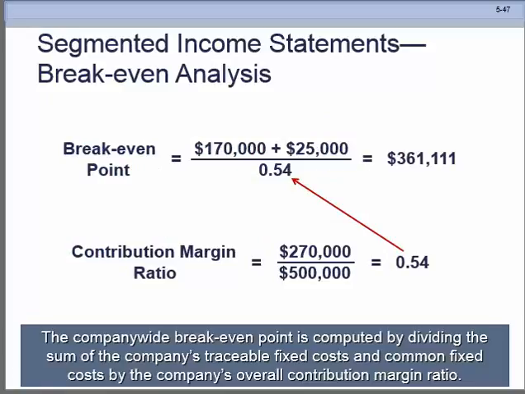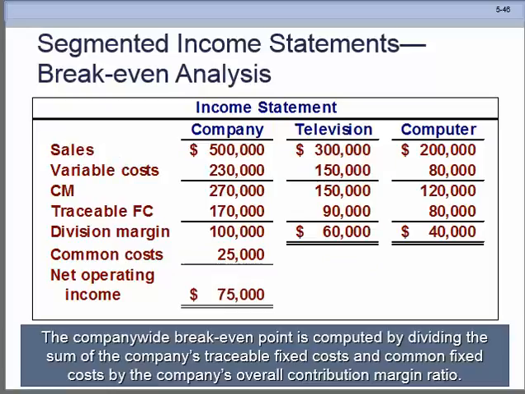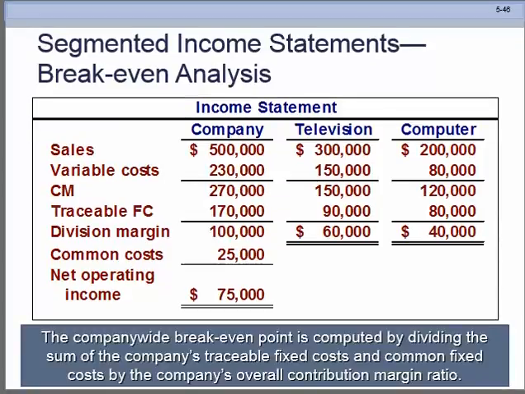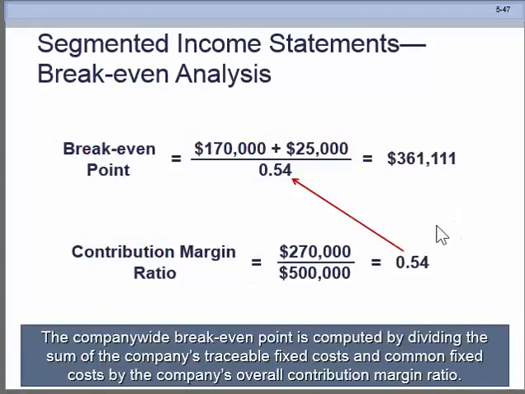our contribution margin ratio is 270,000 over 500,000. How do we get that? It's the 270 in the contribution margin over the sales. Okay. And so when we do that, we get 0.54.